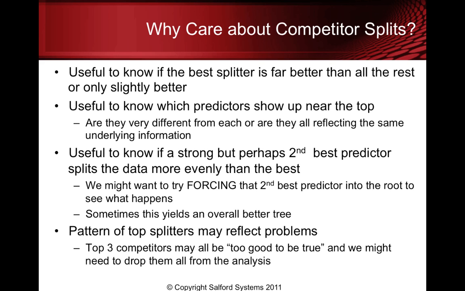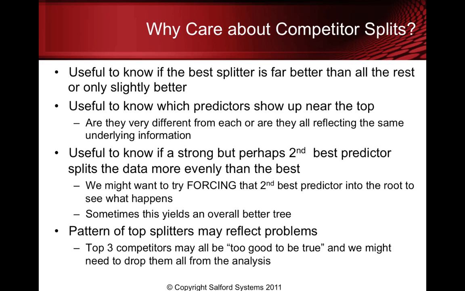If you find that you like the second best predictor for whatever reason much better, and it doesn't have to be the second, it could be the third or the fourth, but there's a variable there that is reasonably good but doesn't manage to be the absolute winner, you might try forcing that second best or third best predictor into the root to see what happens. There will be times when doing this will actually give you a better overall tree.